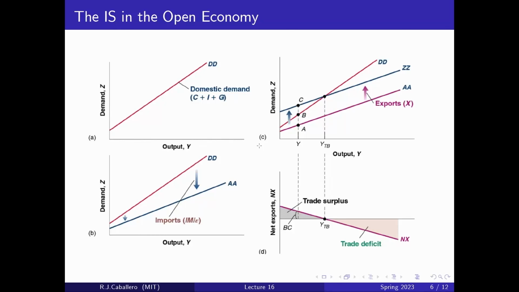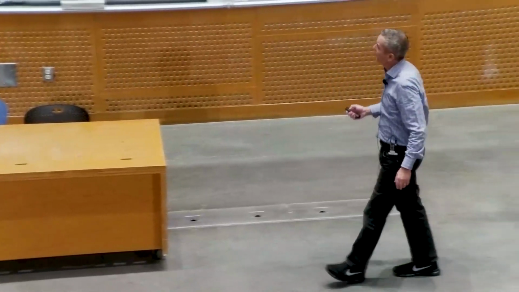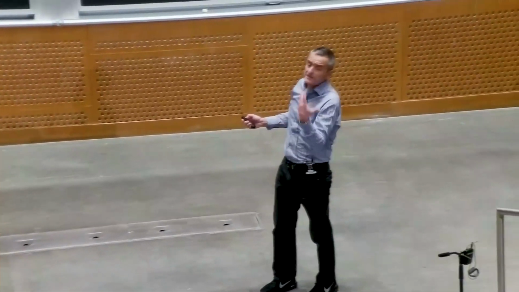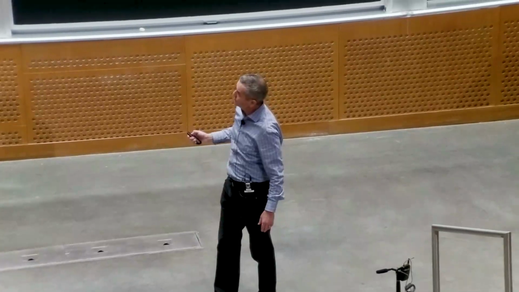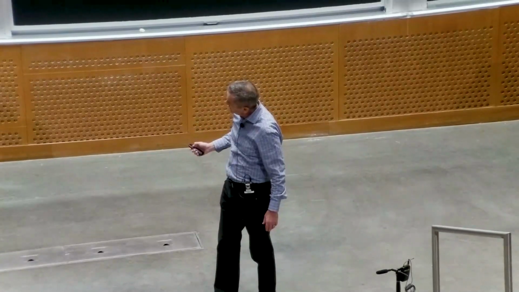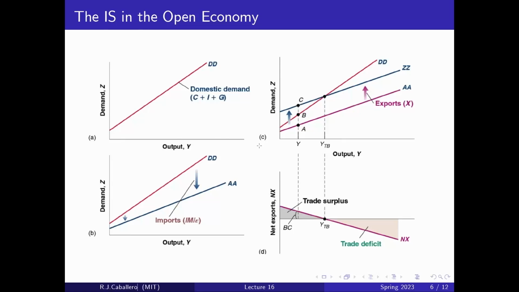So obviously this is a shift down, but there is also a rotation. Why is that? Obviously we're subtracting imports from domestic demand, so that moves us down, but it's not a parallel shift. This curve becomes flatter. In other words, the gap is larger for high levels of income than for low levels of income or output.